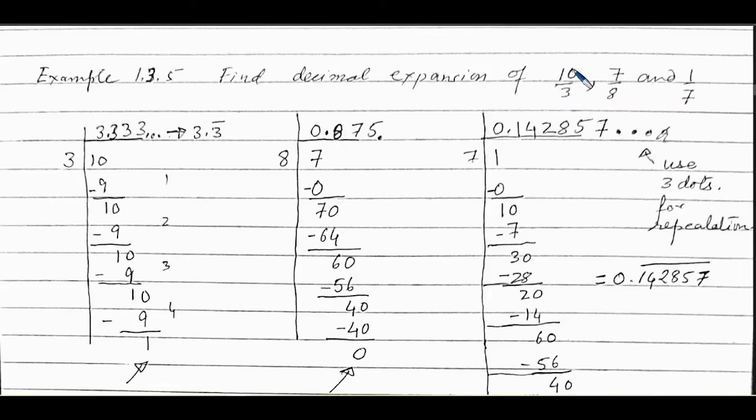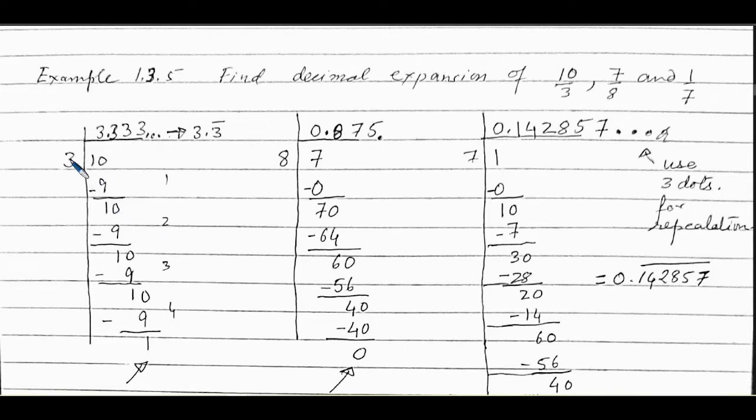So how do we find the decimal value of the fraction 10 by 3? I draw something like this, and here I place the dividend, and this is the divisor, 3, and I get a quotient and a remainder. So this is 10, 3 goes in 10 3 times, so it is 9. I subtract, I get 1 here, I add a 0.